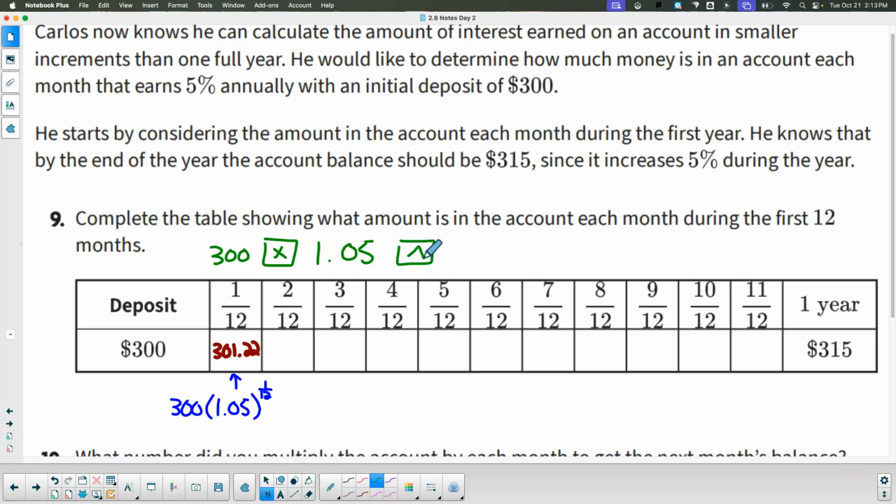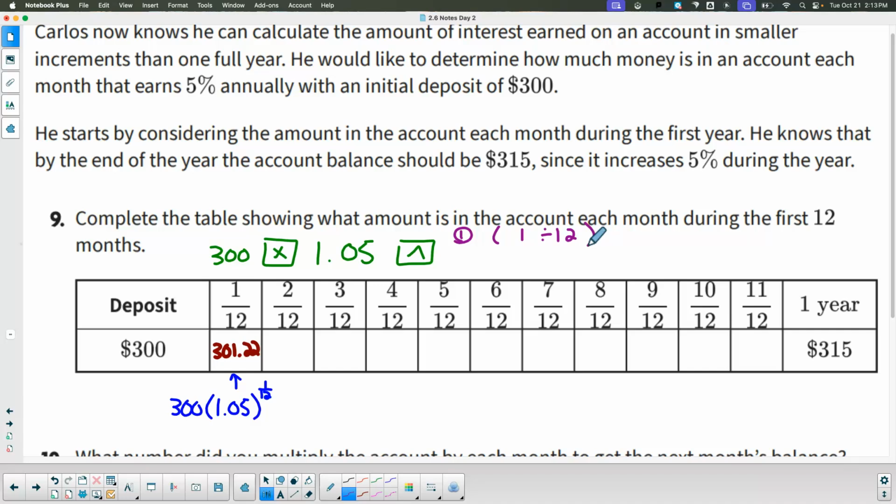And now here's where things get a little interesting. You've got two options after that. Option number one is you can open a set of parentheses, 1 divided by 12, and then close your set of parentheses. That's my preferred method.